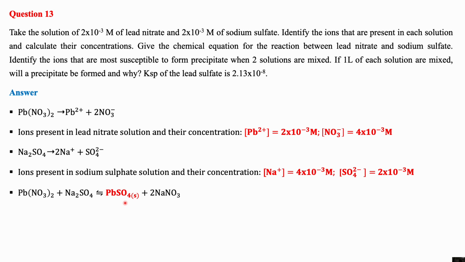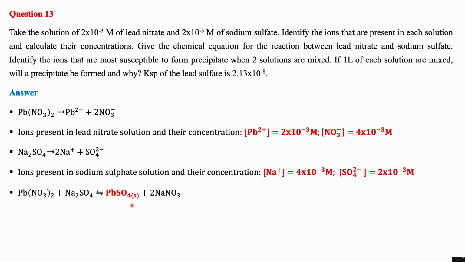After getting the concentrations before mixing, we can also determine their moles. Once we know their moles, we determine their concentration after mixing, because the concentration of lead and the concentration of sulfate after mixing are the ones giving the ionic product. After getting the ionic product, you compare it with Ksp to determine whether a precipitate will be formed or not.